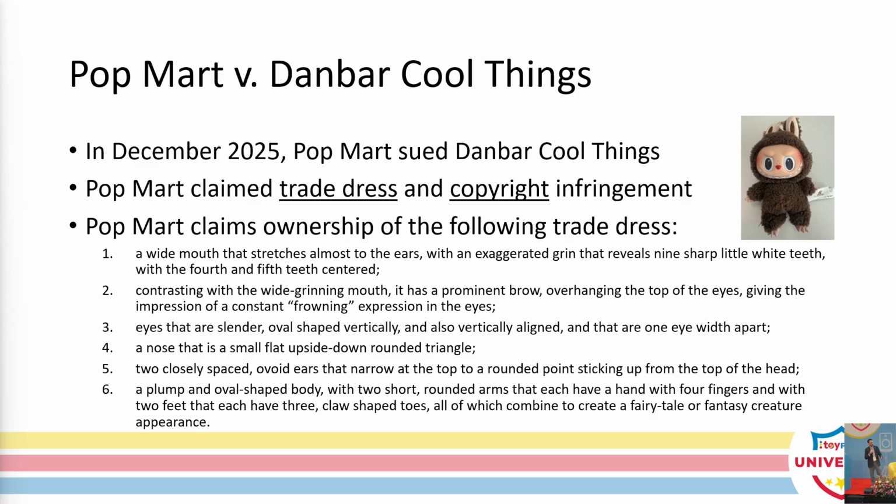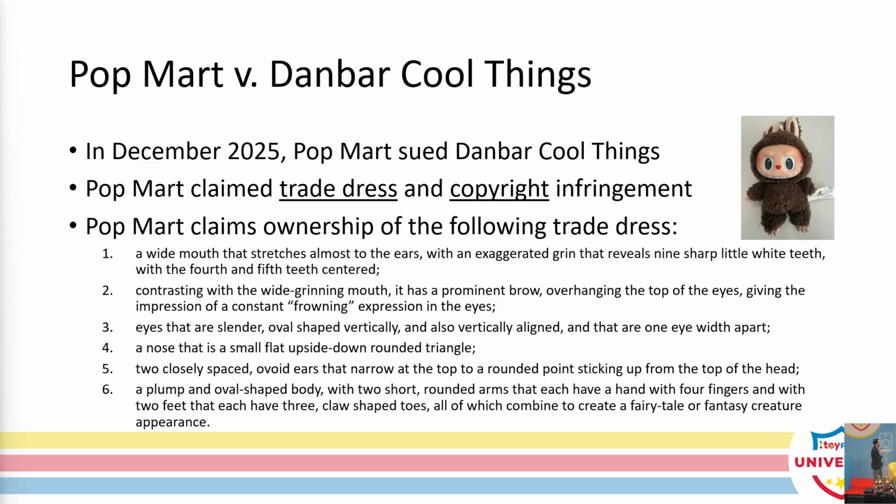And in order for you to better understand trade dress infringement, I put up there the definition of the trade dress that Pop Mart claims to be the dress of their plush toys. And I'm going to read. A wide mouth that stretches almost to the ears with an exaggerated grin that reveals 9 sharp white teeth, with the 4th and 5th teeth centered.